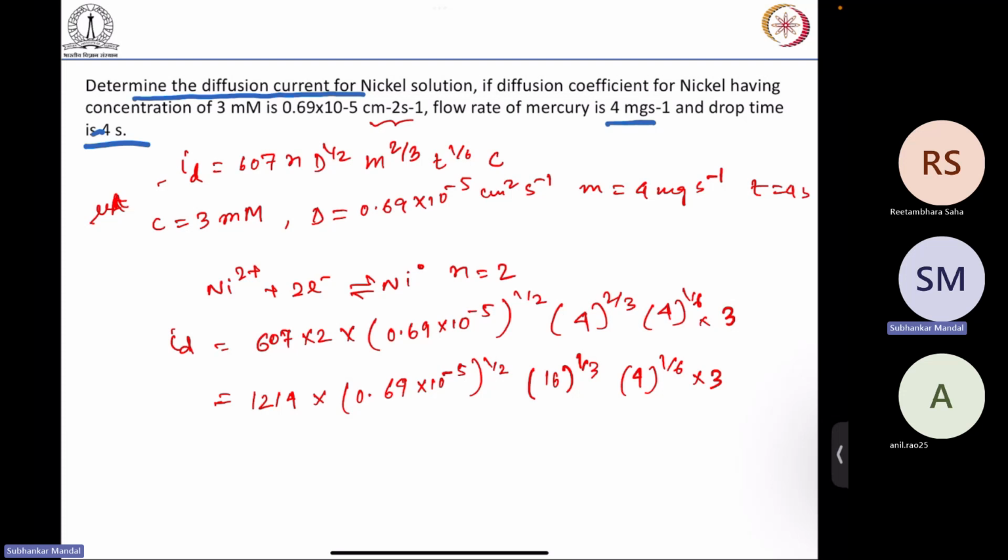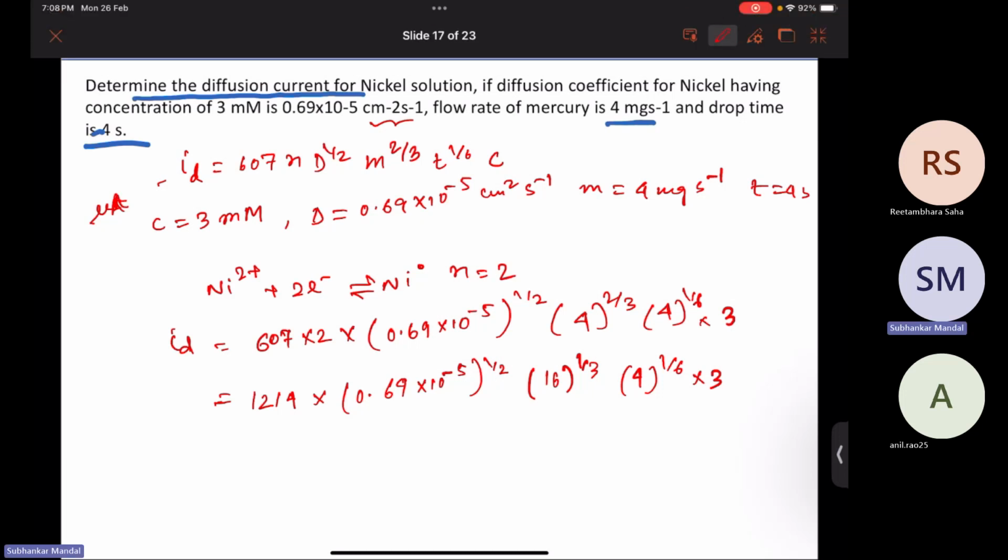Can anyone tell? How much is it coming? You can write in the chat box.